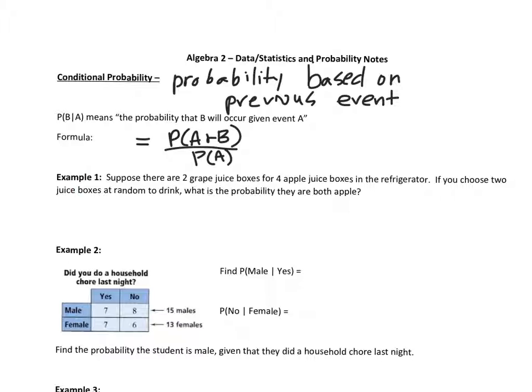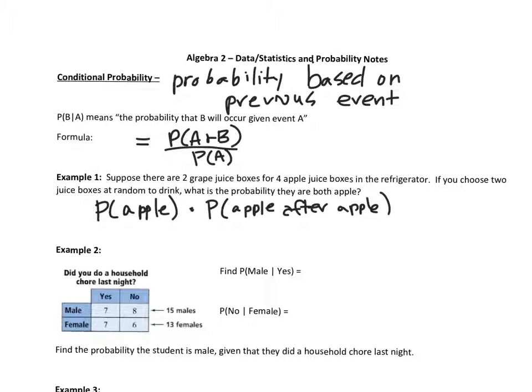If you choose 2 juice boxes at random to drink, what is the probability that they're both apple? You're going to take the probability that you have an apple juice box, and multiply it by the probability that you have an apple juice box after an apple juice box is gone.